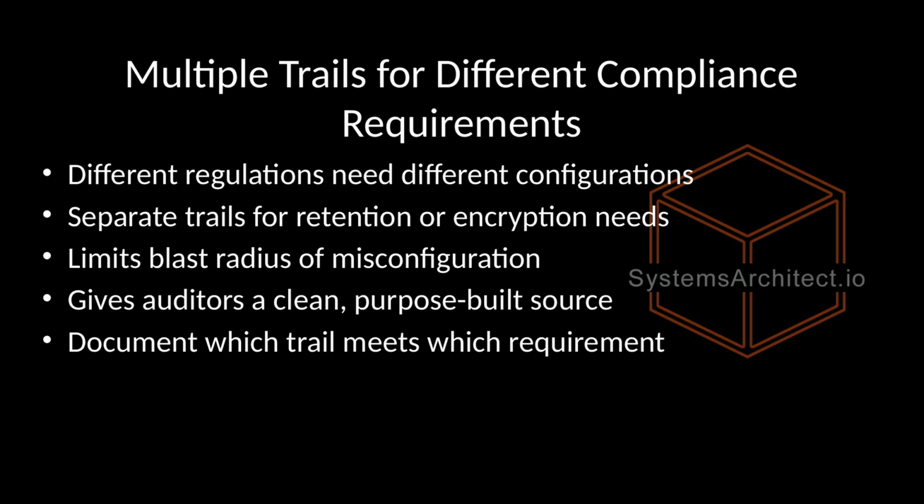Running multiple trails lets you tailor each one to a specific need, like an extended, immutable retention period for a compliance archive alongside a trail for day-to-day monitoring. This also limits the blast radius of a misconfiguration, since a mistake in one trail does not compromise the others. Document which trail satisfies which obligation so the mapping is clear during an audit.